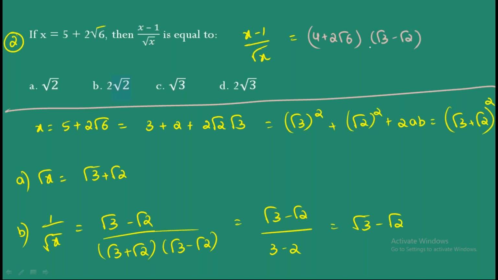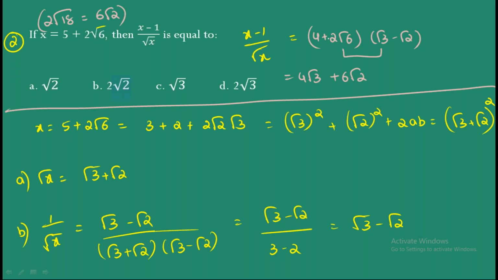Multiplying 4 with root 3, root 6 with root 3 is also there, we'll get 6 root 2. You just observe these two multiplications will give 6 root 2 actually: 2 root 18, 6 into 3. 18 can be written as 9 into 2, and that root 9 is 3 will come out. You can write as 6 root 2. Observe that carefully, that's the important thing.